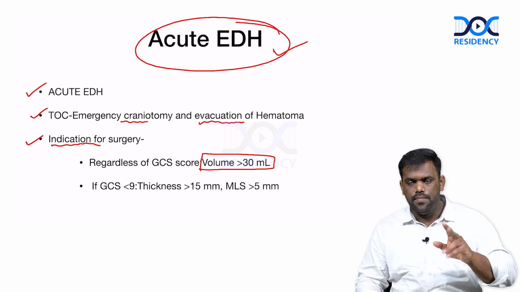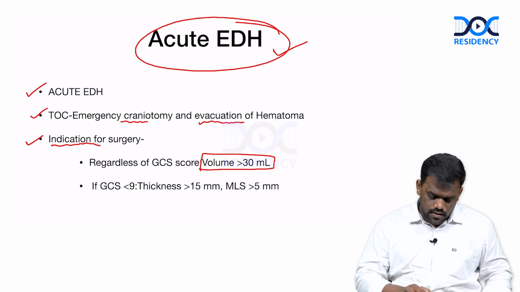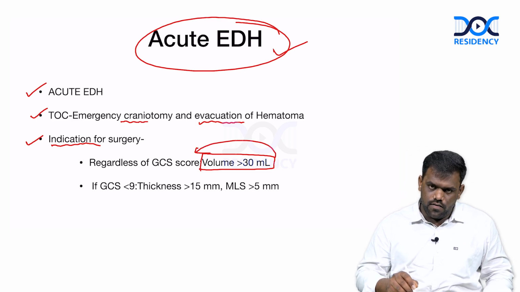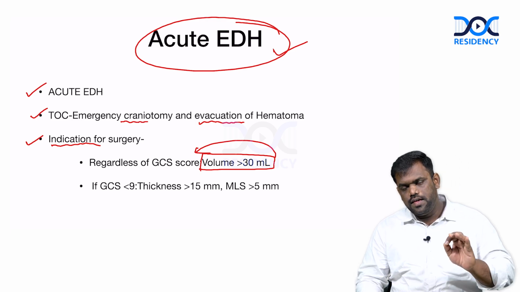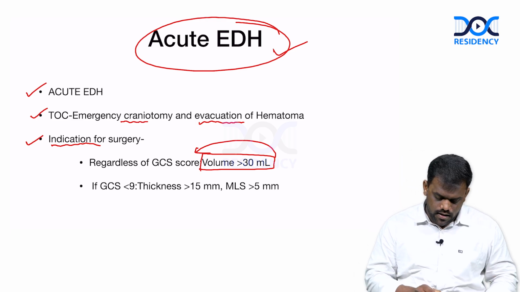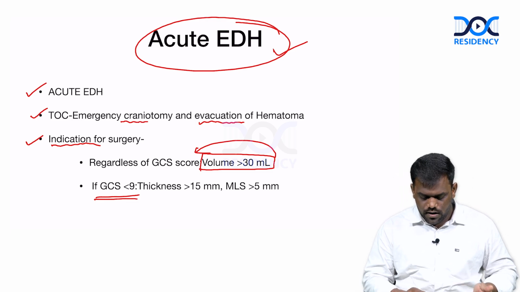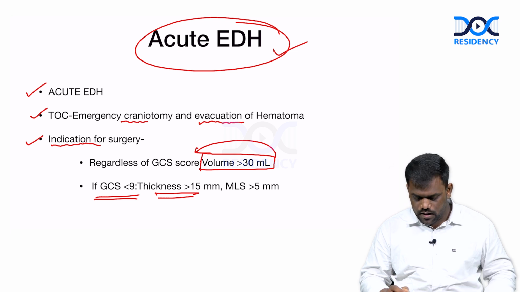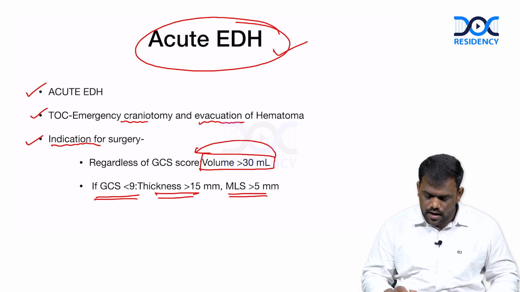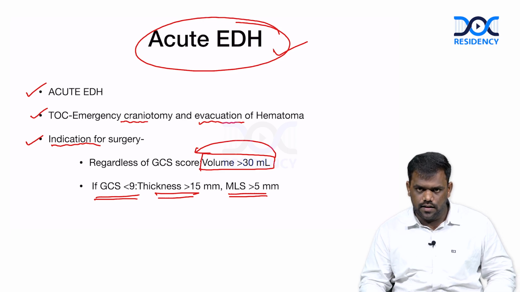You have to take the patient to the OT and do the surgery immediately, regardless of GCS score. Also, if the patient's GCS is less than 9, the thickness is more than 15 mm, and the midline shift is more than 5 mm, at that time also you have to go for surgery.